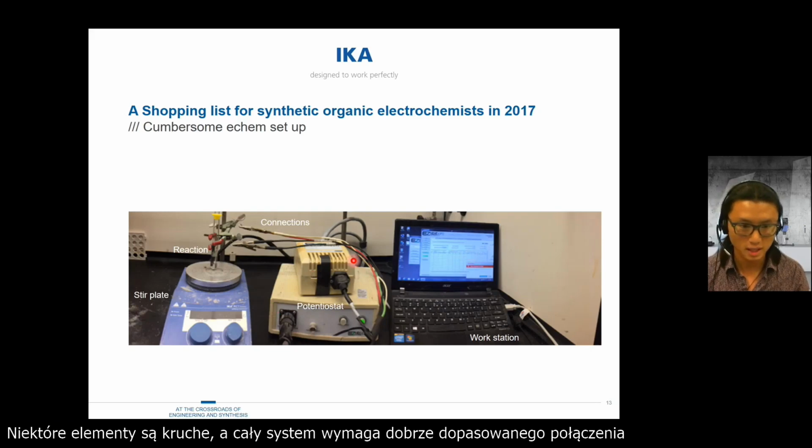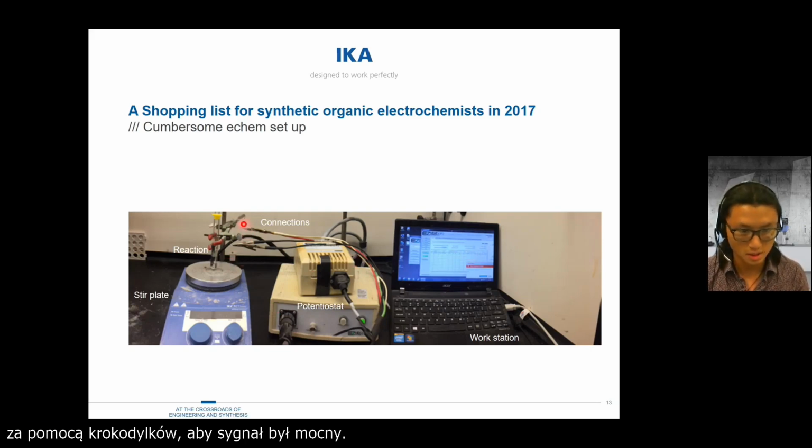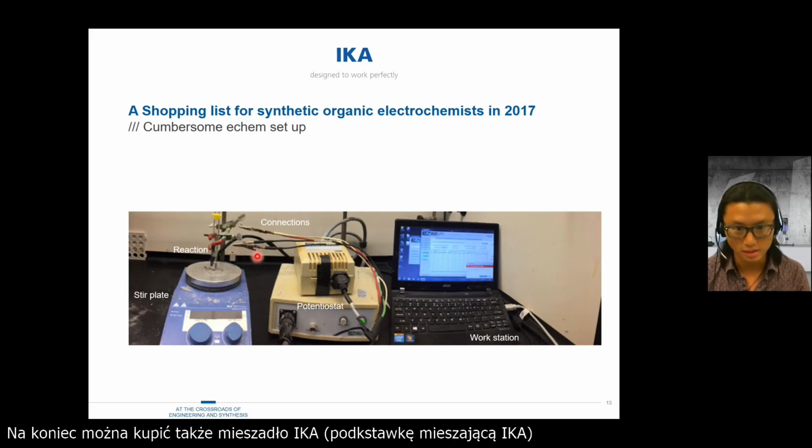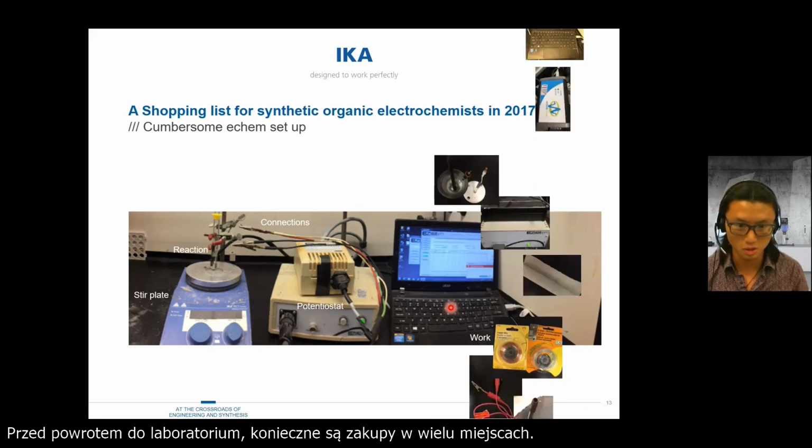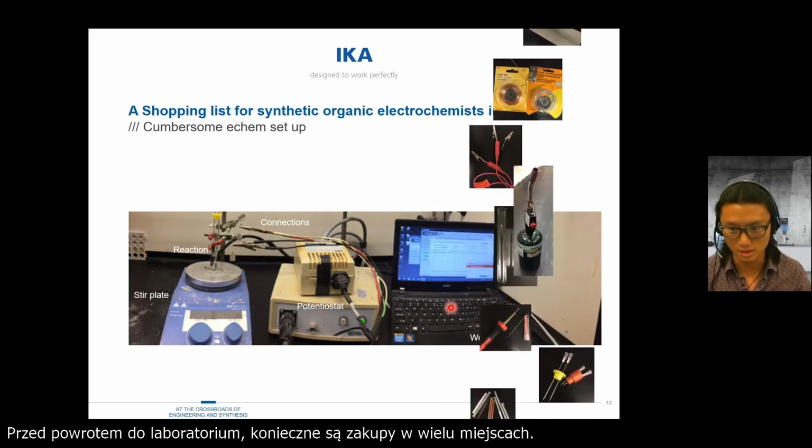You finish all the connections and tolerate the fragile, customized alligator clamp type of connection. And then you buy an IKA stir plate and put it underneath the reaction. So that is a long purchasing list. You shop everywhere, and then you go back to the lab.